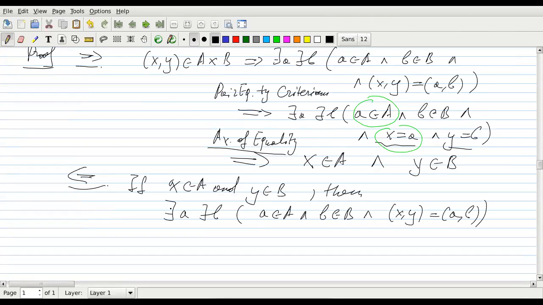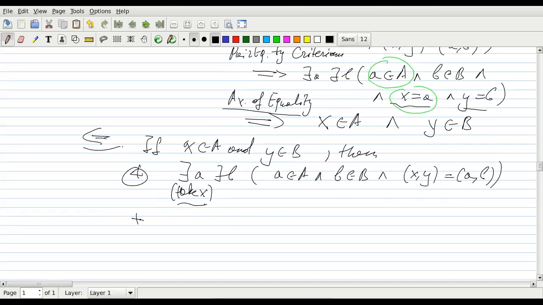That's clear. It's trivial. What should I take as a? Dear students, what should I take as a? Take x. Yes, of course. This one is true.